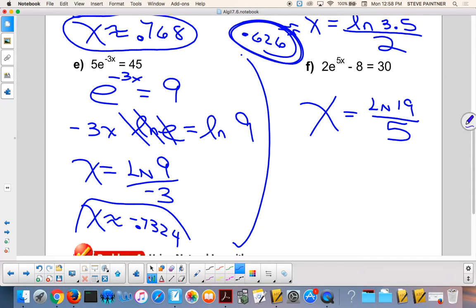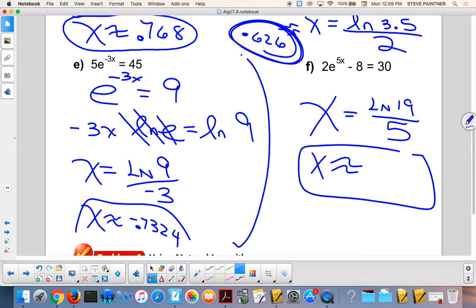Okay, then you type it in and you say, roughly, 0.588. So that's not the answer, is it?